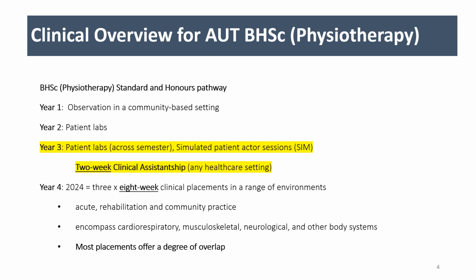So year 1 and 2 currently has observational opportunities in the community and also with patients in our AUT Health Centre. In year 3, students have also had other labs in the health centre and in class, and this has included adult populations, paediatric populations, and also an acute care simulated patient actor session.